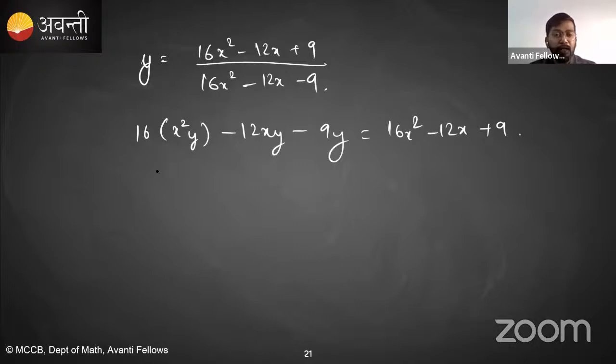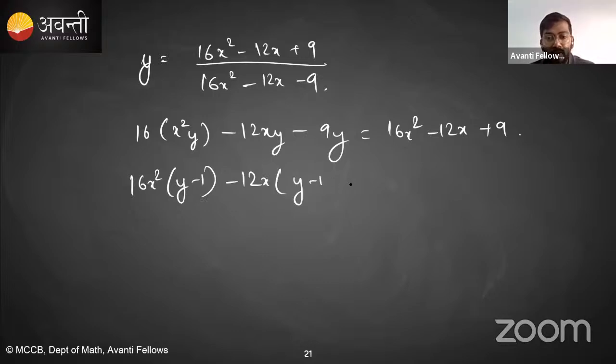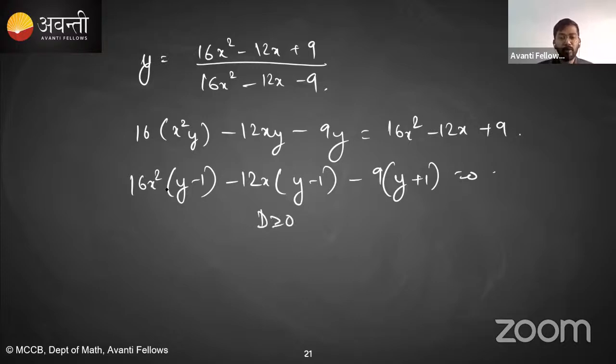Now I take everything to one side, that becomes 16x square times y minus 1, minus 12x times y minus 1, minus 9 times y plus 1 equals 0. So here I will do discriminant greater than or equal to 0.